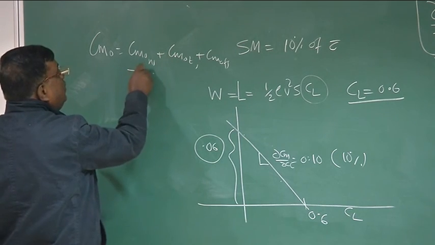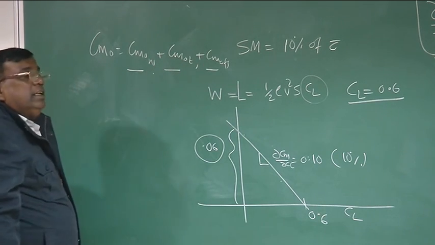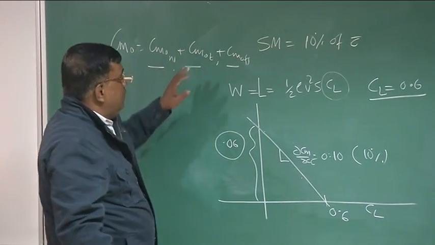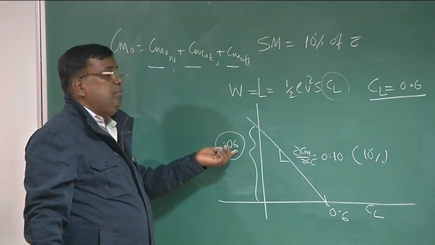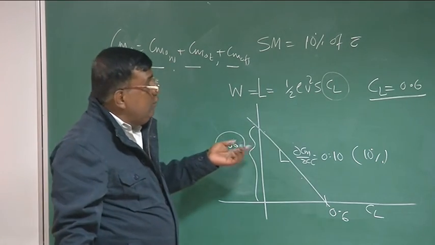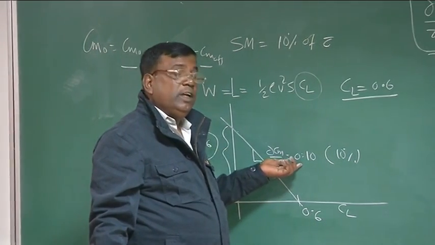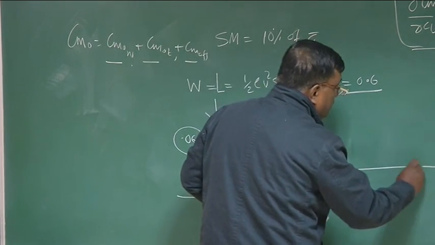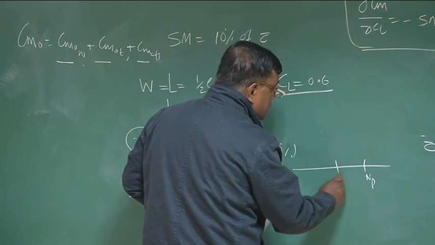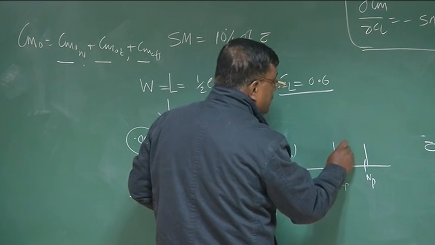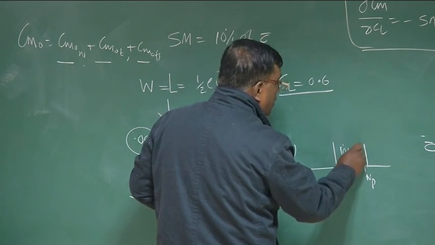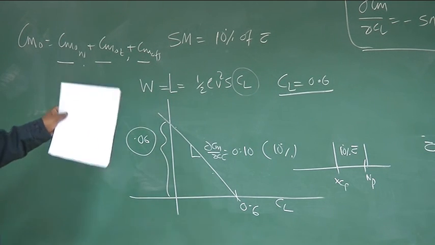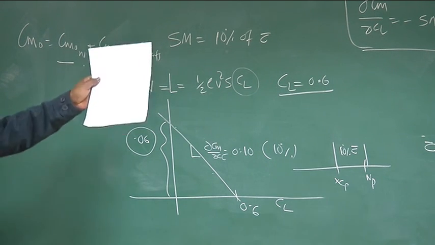So I ensure the wing, tail, locations and their areas are such that the sum of these three quantities adds up to 0.06. And the neutral point and CG are located in such a way that the gap between them, the static margin, is 10% of the mean aerodynamic chord. So how simplified your approach becomes once you use that relationship.